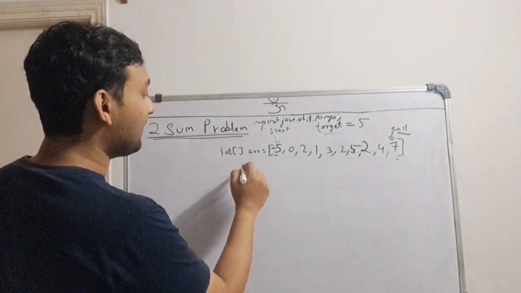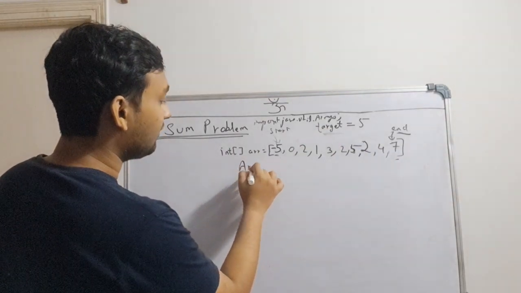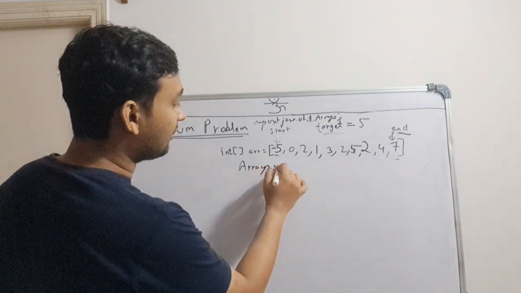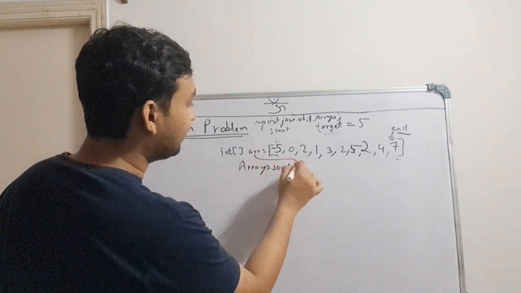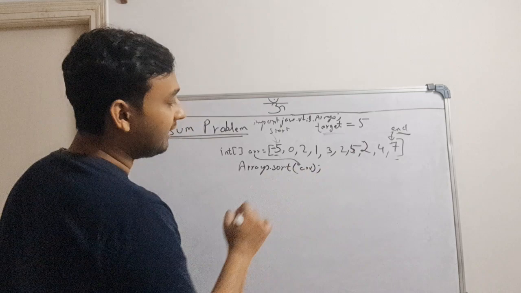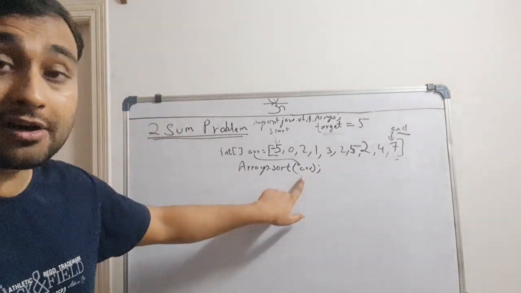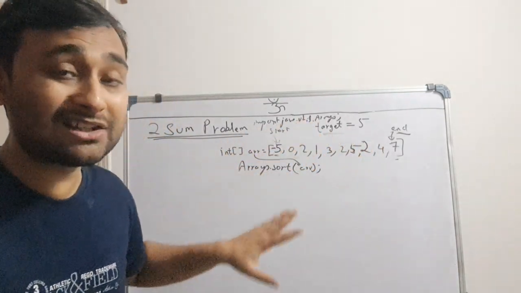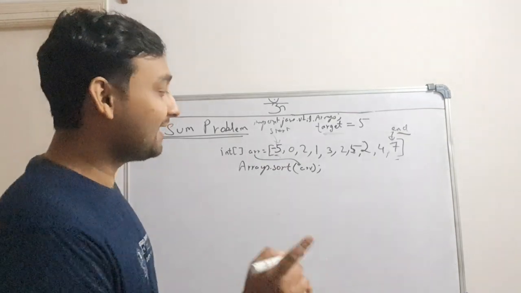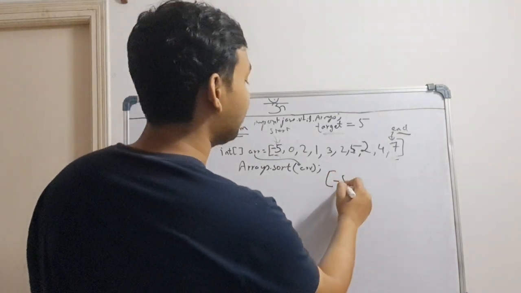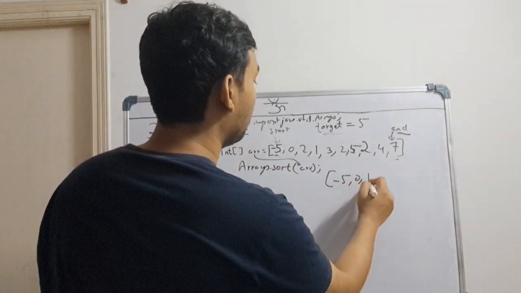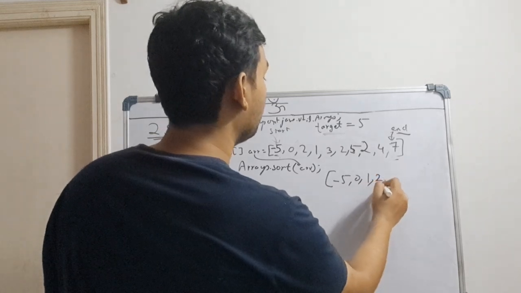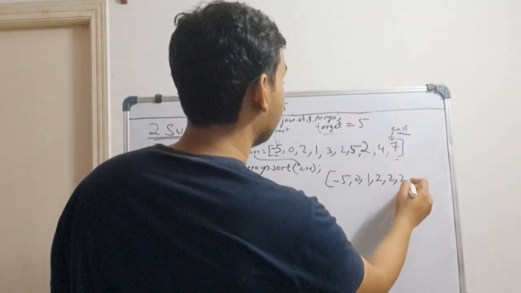Here we have to do Arrays.sort and pass this array. If I pass this array in the Arrays.sort method, the whole array will get sorted automatically and we will get the result as -5, 0, 1, 2, 2, 2.